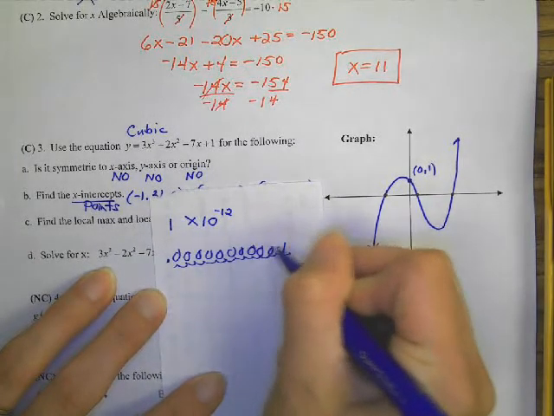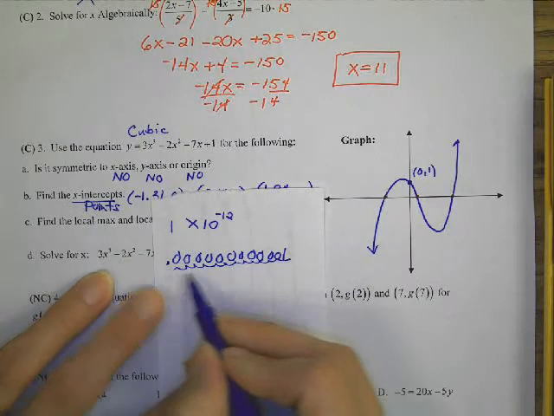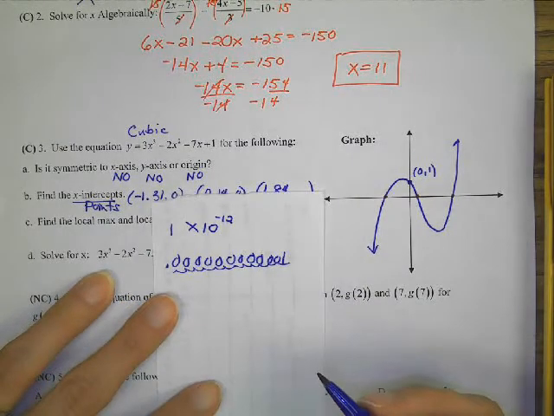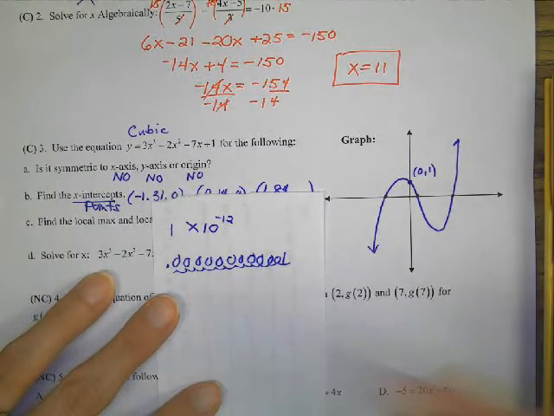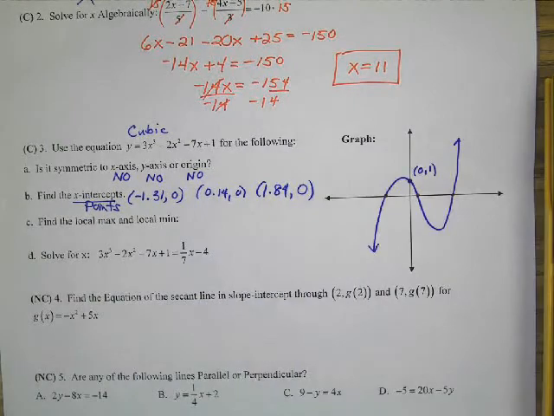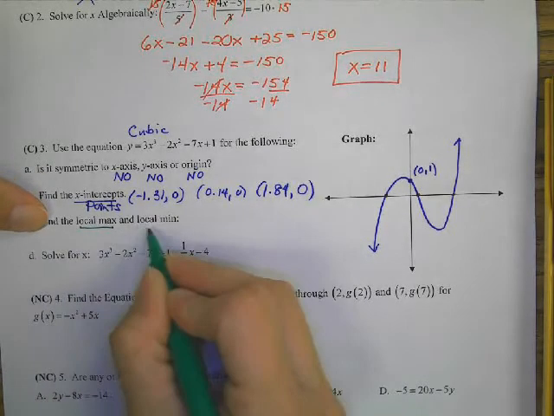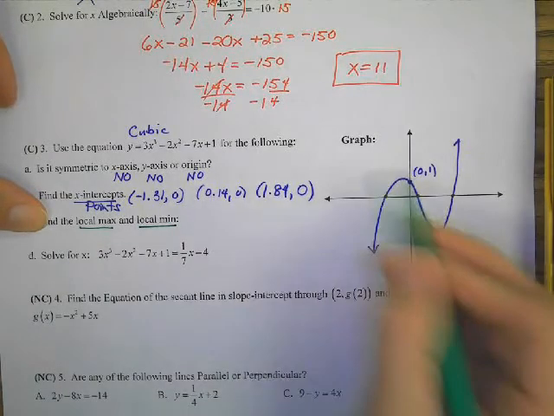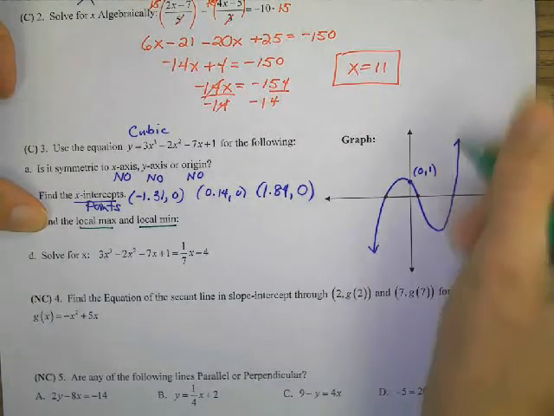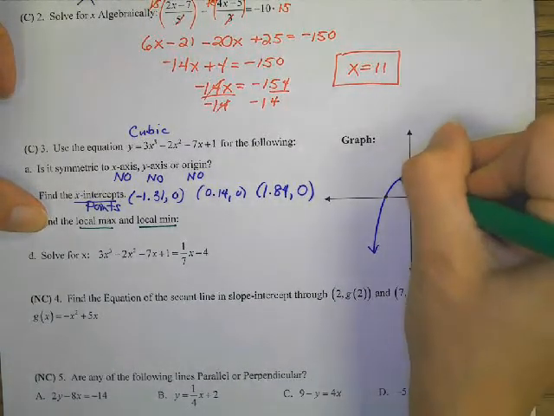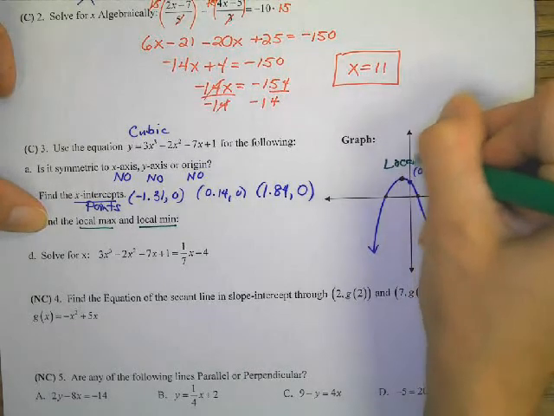All right, the next thing we're going to do here is local max and local min. Looking at this graph, the highest it reaches is infinity, but the local max is right here. That's a local max, and this is a local minimum. These are points, so we're going to write these as points as well.